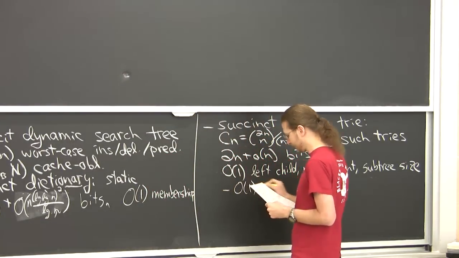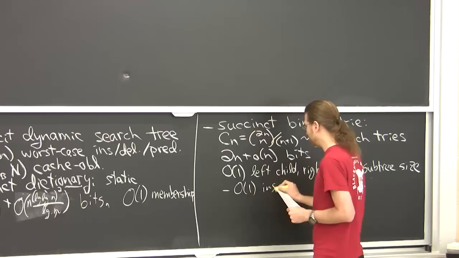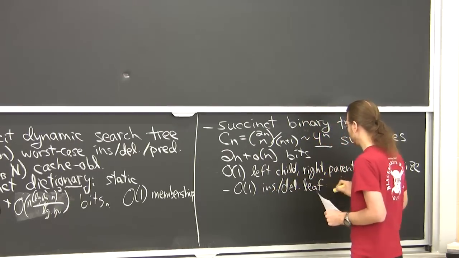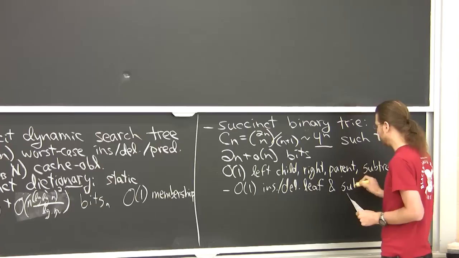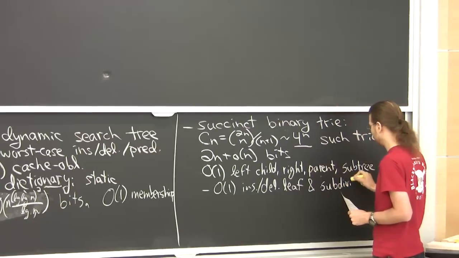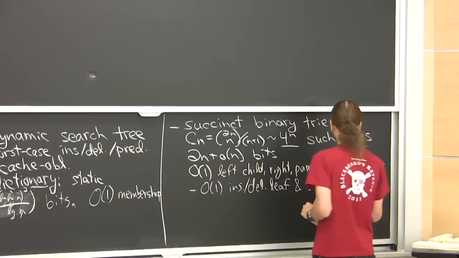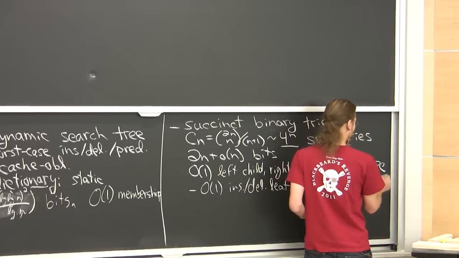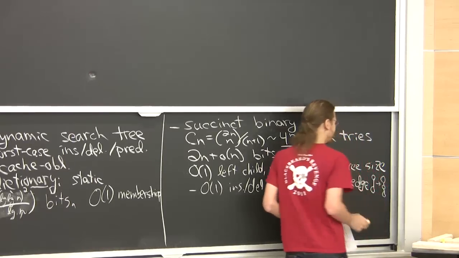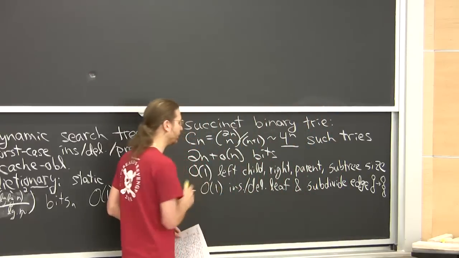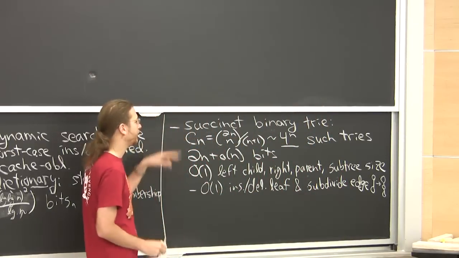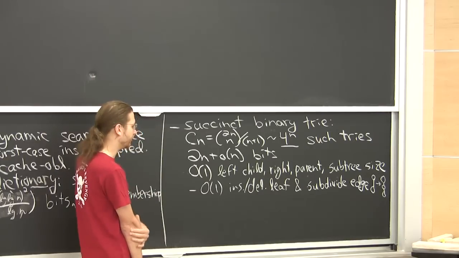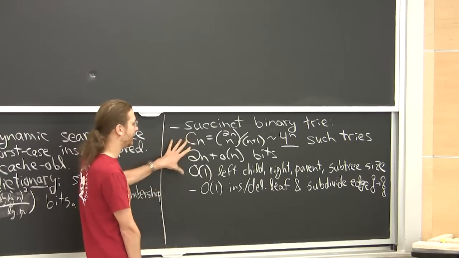You can do constant time insert and delete of a leaf, and you can do subdivision of an edge. These are operations we saw for dynamic LCA. So the same operations as dynamic LCA. You can do these in constant time and still maintain this succinct binary trie representation where you can do all these traversal operations. So we won't cover that. We will cover the static version today.